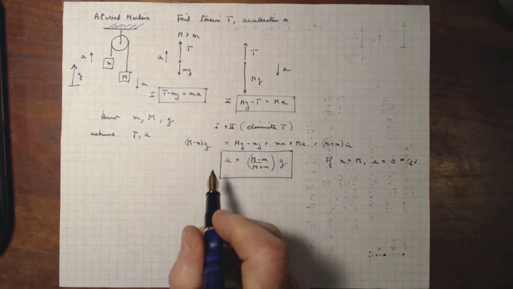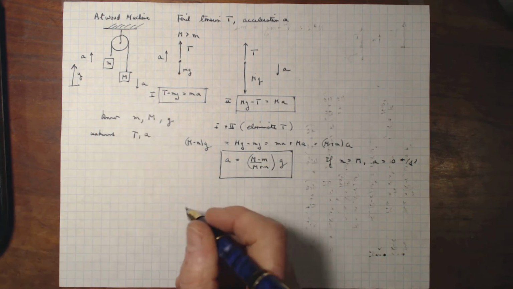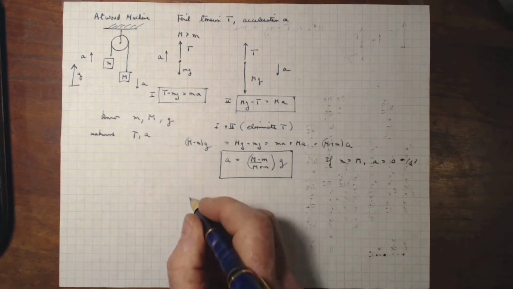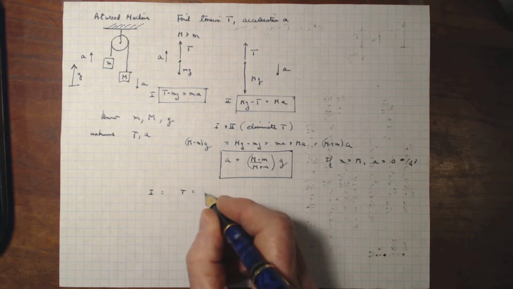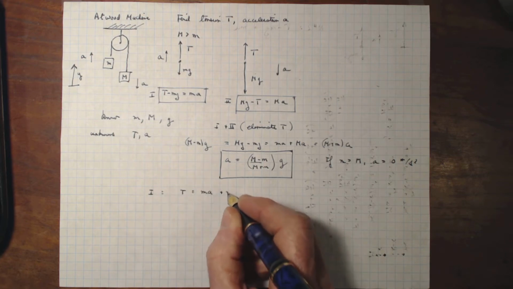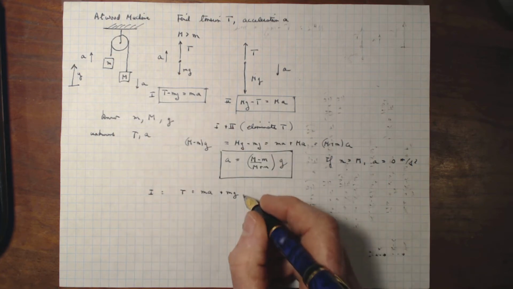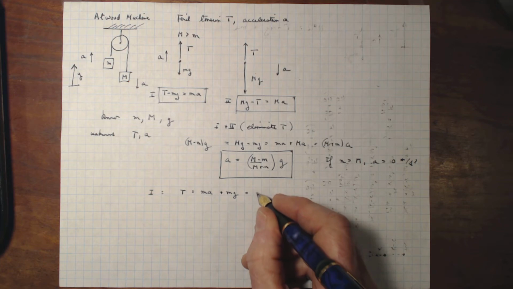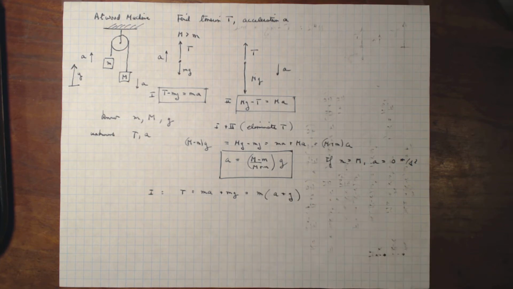So let's now use this to figure out what T is. And so I can use equation 1 to do that. I can rewrite equation 1 as T is equal to big Ma plus mg, just bringing the mg over to the other side, and that's going to be equal to little m times a plus g.